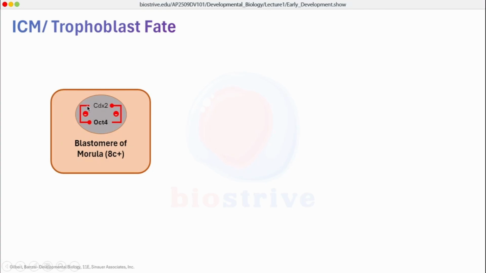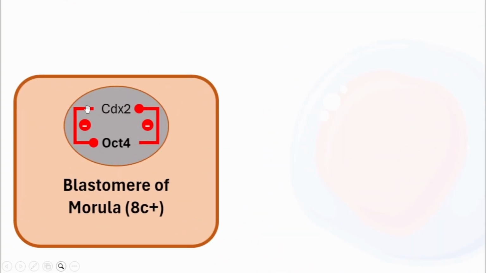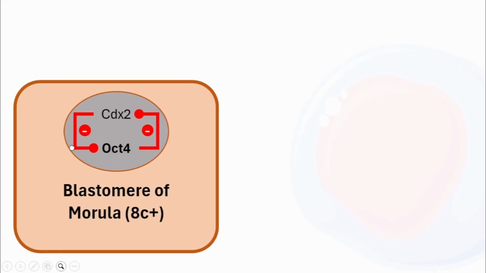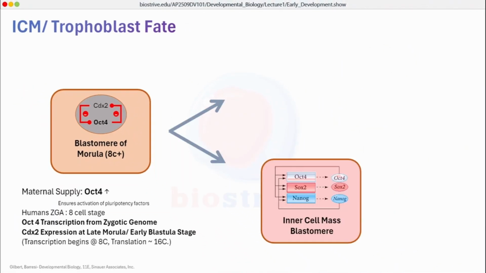Now OCT4 as well as CDX2 are mutual inhibitors of each other. OCT4 inhibits CDX2 and CDX2 inhibits OCT4. Now these two genes will be forming two different fates of different cells of this blastula stage. Now let's have a look at inner cell mass blastomere. In case of inner cell mass blastomere, the OCT4 expression will dominate.